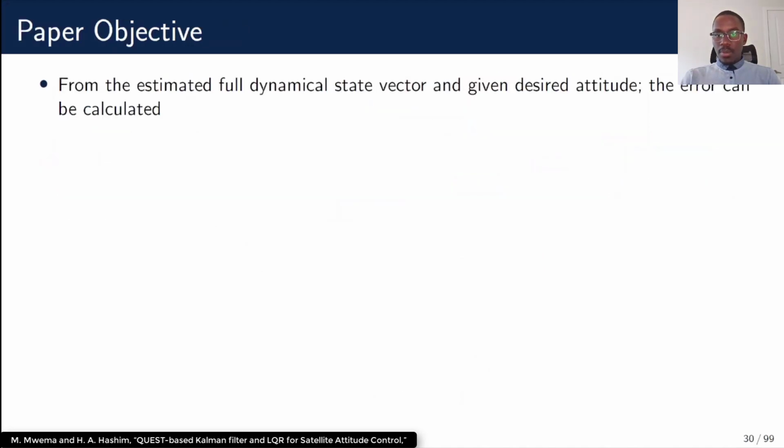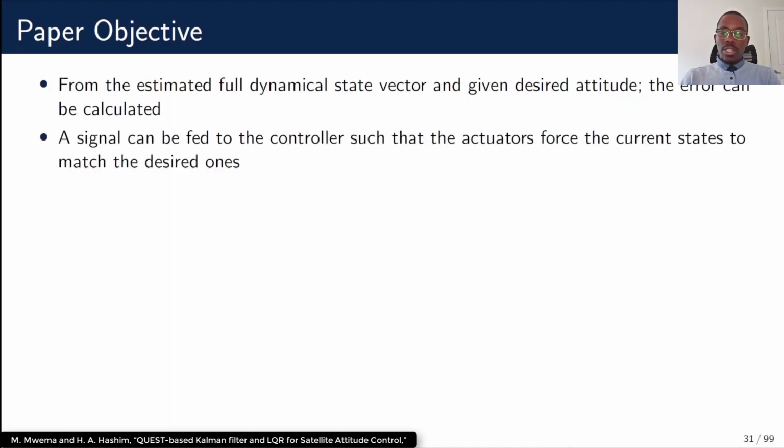So from the estimated full dynamical state vector, and if you have the desired attitude, the error between the two can be calculated. A signal can then be fed to the controller such that the actuators force the current attitude to match the desired attitude. And this encompasses the scope of the paper. The whole process is illustrated in the figure below.